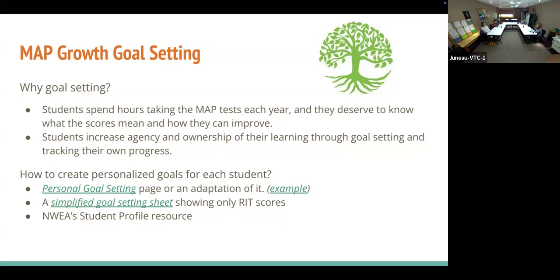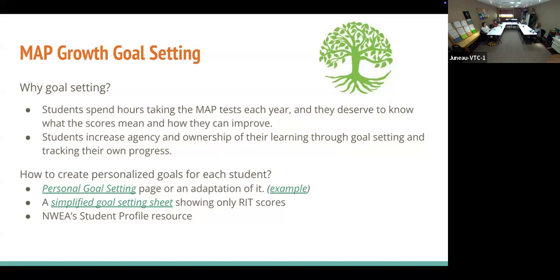So I would print off the student progress report, there's a one-pager, and I would share it with them and try to explain what it means, because it'll also tell you their strengths and areas to focus on within the domains. And then we would create little goals, which is what this page is about.